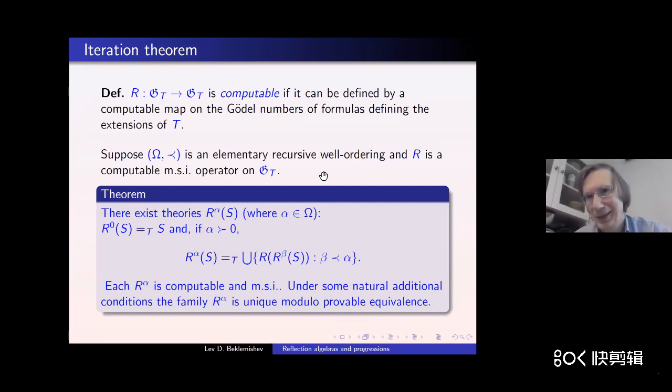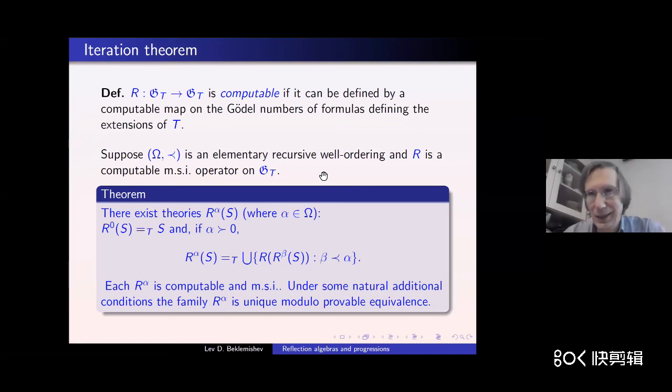So that's the basic setup that we deal with. However, suppose we have to analyze a theory such as PA. A priori, at first, we don't have any ordering along which to iterate. We don't know where to start, right? How do we extend it?